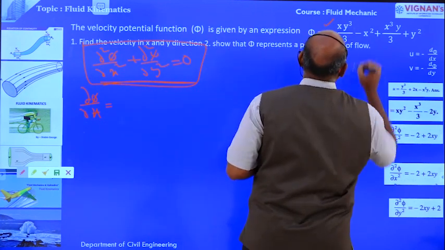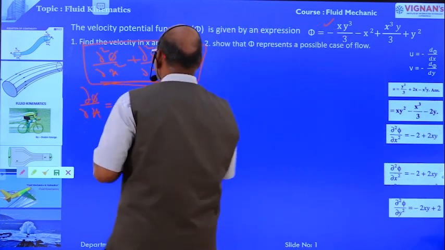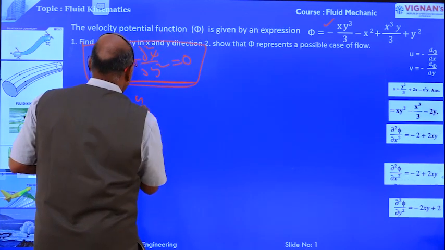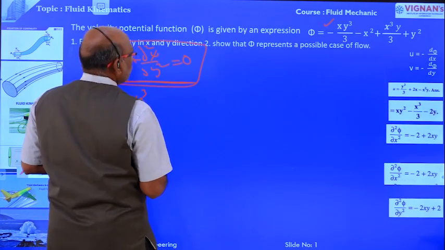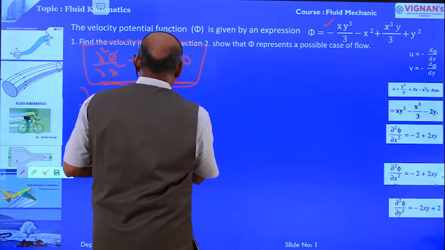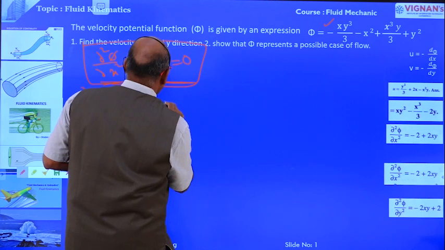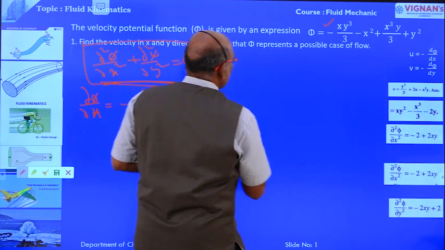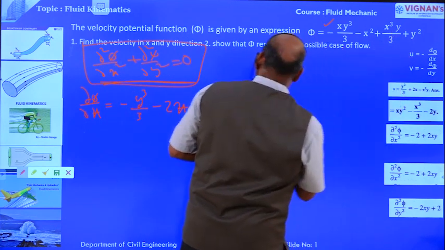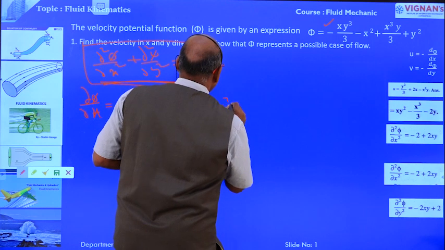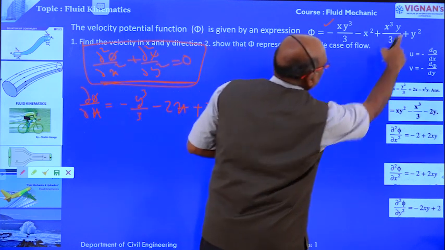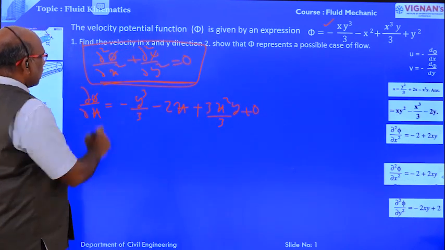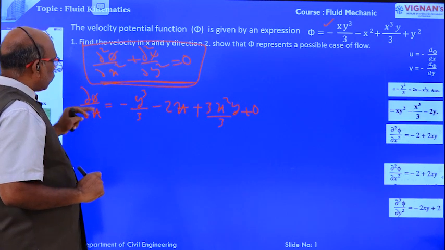With respect to x, this is minus y cube by 3, then minus differentiate x square, that is 2x, and plus differentiate with respect to x, this is 3x square y by 3, and differentiate y with respect to x, that is 0, right? This is dou pi by dou x.